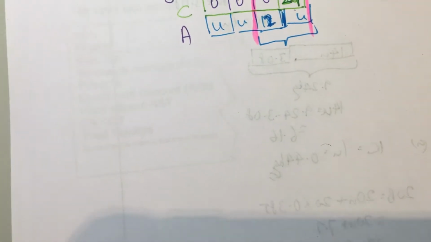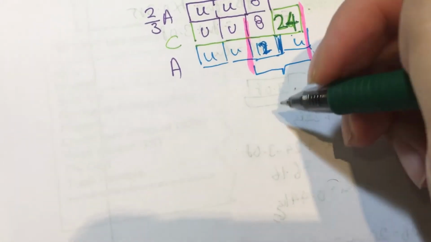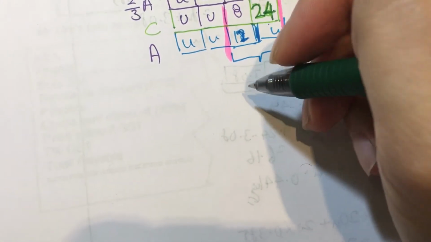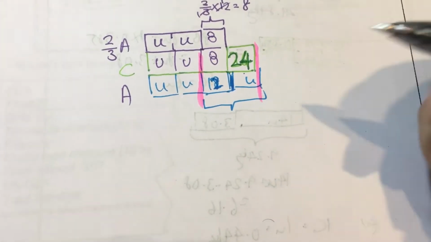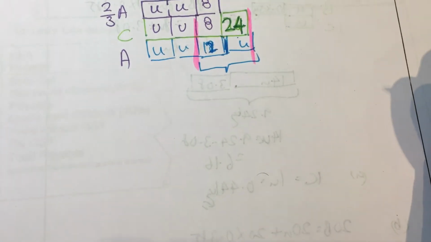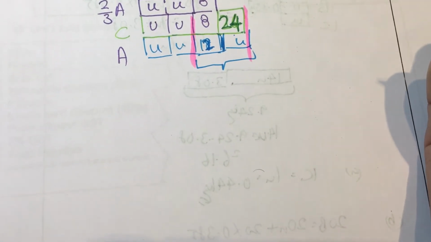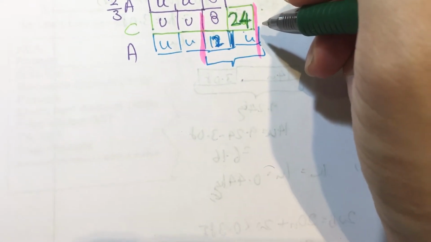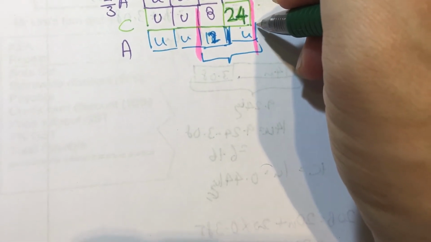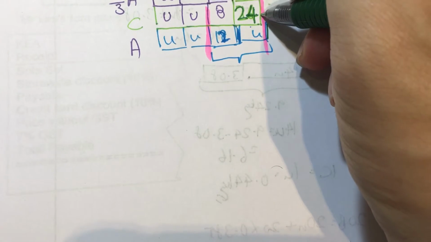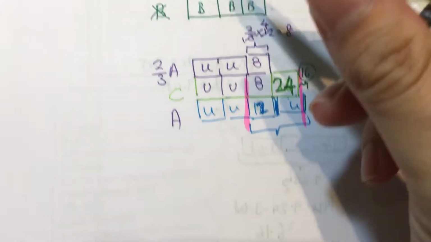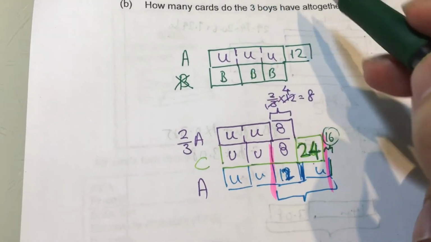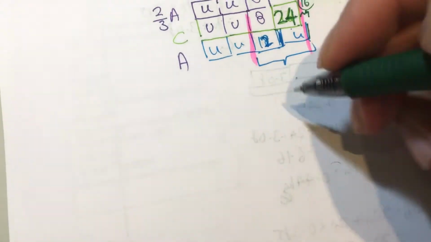Okay, so what we will do is we are able to find the value of 1 unit from here. Okay, it's a bit interesting here because I need to squeeze 16 inside here because Andy has 16 more than Charlie. Okay, so let me draw again.